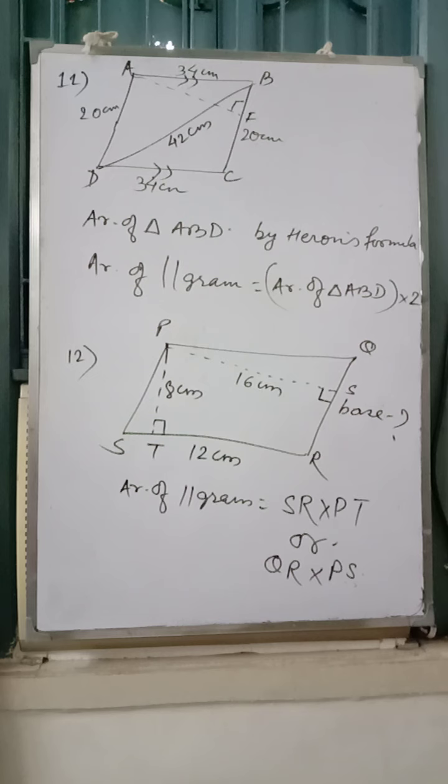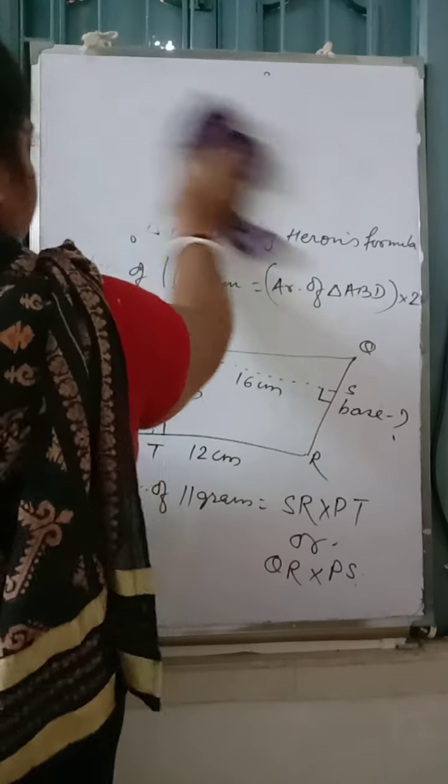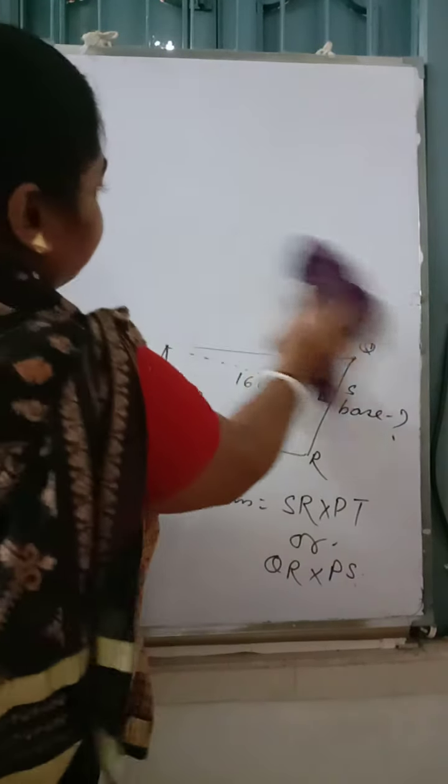You can do. The length of a rectangular field is thrice its width. If the perimeter of the field is 1.6 kilometer, find its area in square meter. Now I am doing question number 16. Before that, from 11 up to 15, you have to do it. There is nothing to do, it is already explained.